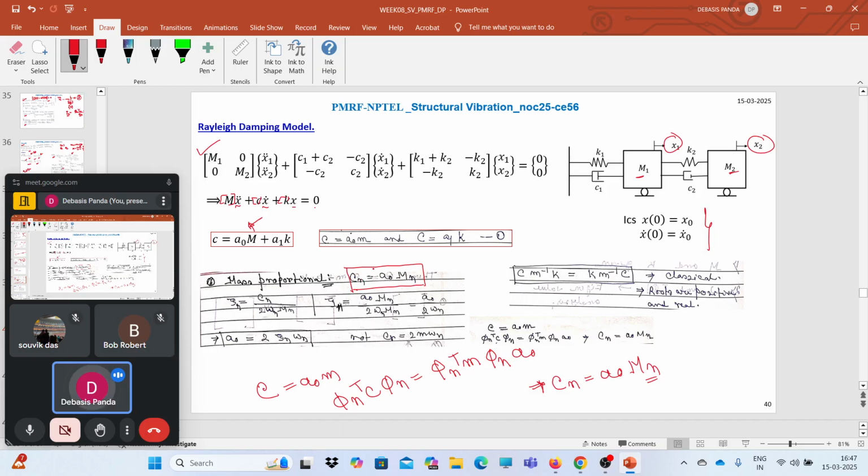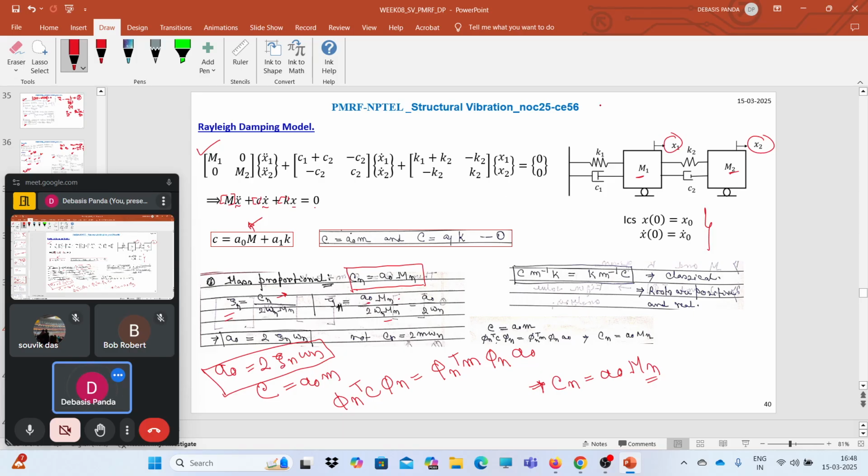Now if we expand it further, we know zeta n is equal to Cn divided by twice omega n Mn, right? So instead of Cn, if I write it down, zeta n is equal to a0 Mn divided by twice omega n Mn. So I am left with a0 is equal to twice zeta n omega n.